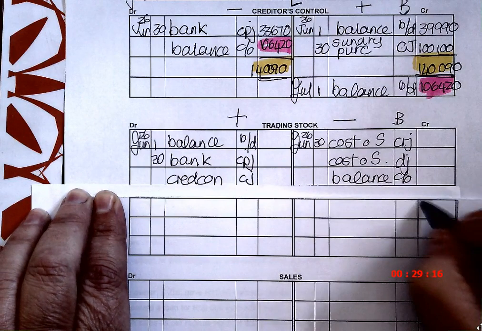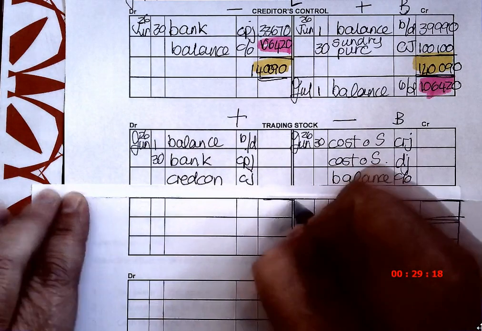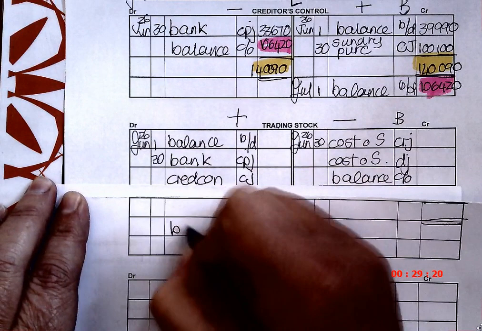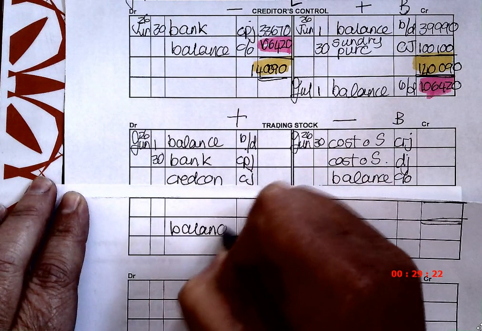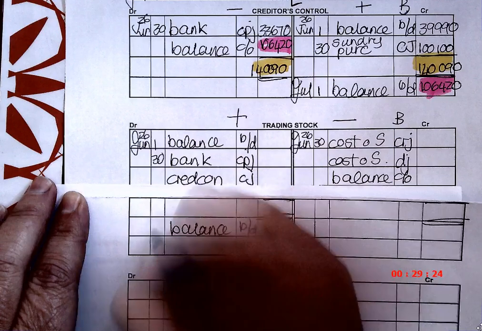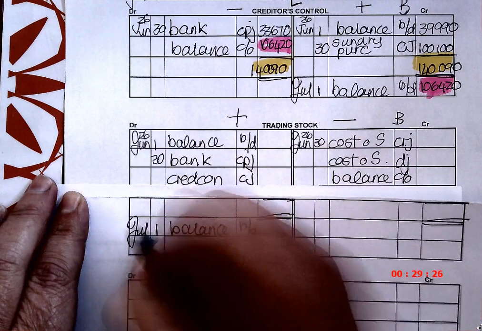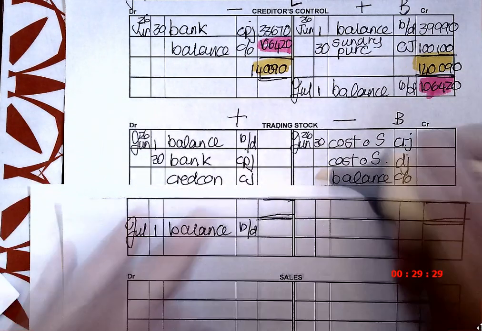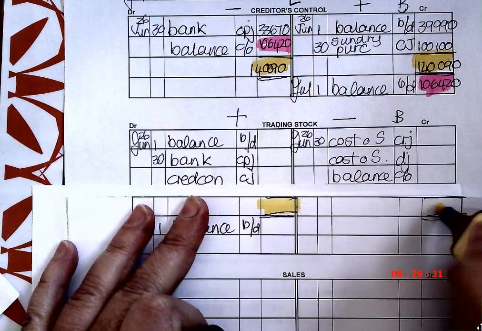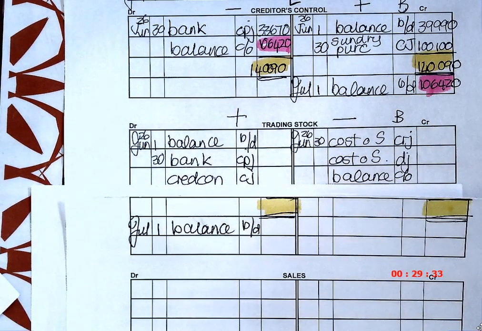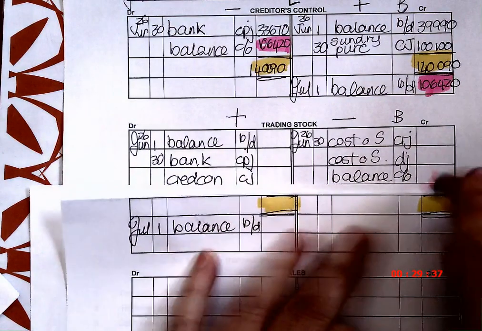I total, balance BD, debit side, first next month. I already know that total will be the same. And I also know the balance will be the same.